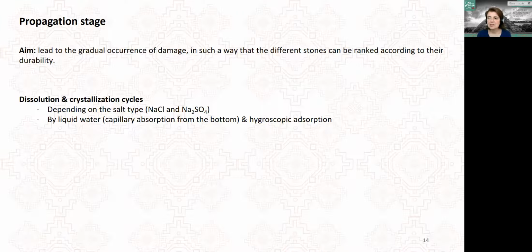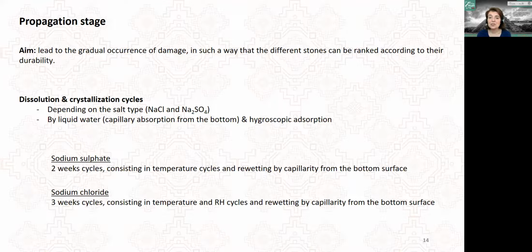The propagation stage is different depending on the salt type. This is because the 2 salts we selected are damaging at different temperature and relative humidity conditions. So in the case of sodium sulfate, damage mainly occurs when you re-wet the specimen with liquid water.